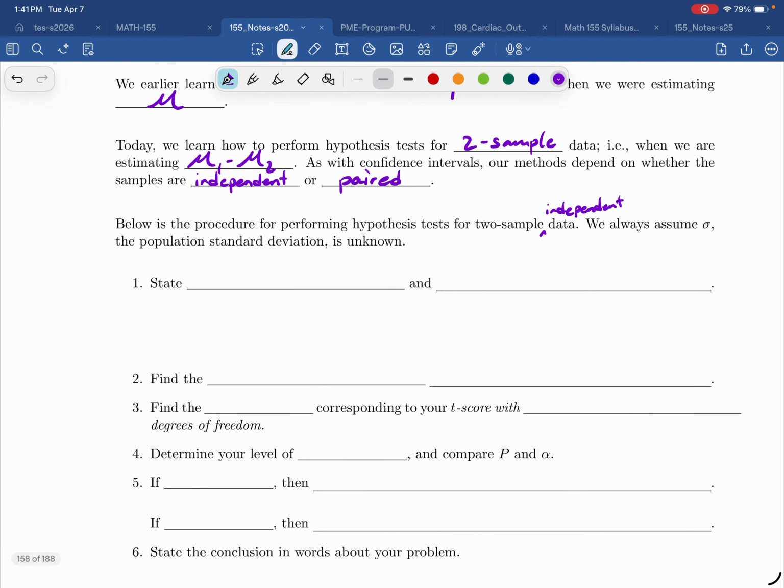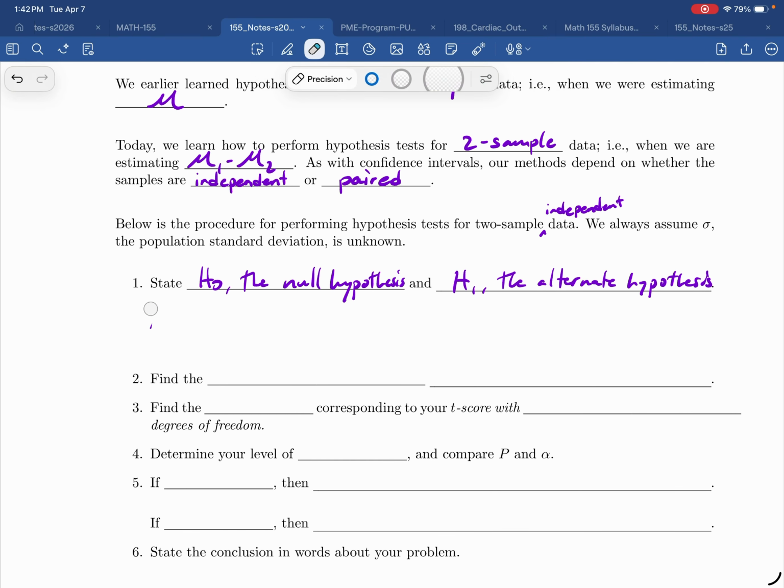So first off, we're going to state H naught, the null hypothesis, and H1, the alternate, or again, sometimes people call it the alternative hypothesis. Now, what is the null hypothesis? Just to be crystal clear, the null hypothesis is that mu1 minus mu2, and almost always it's going to be that it equals 0.